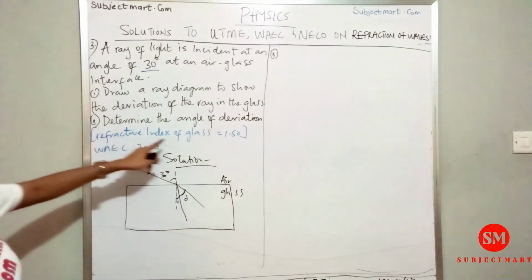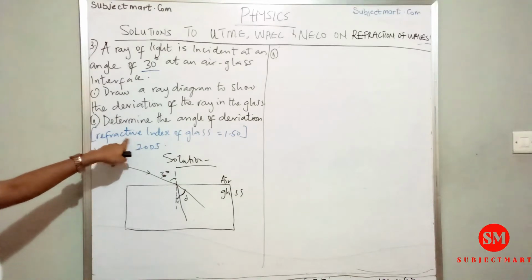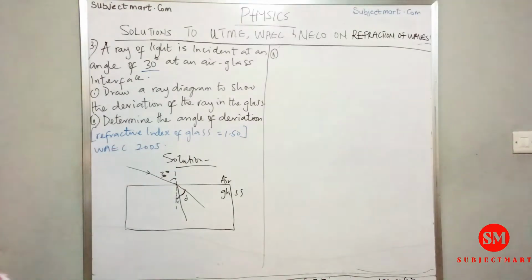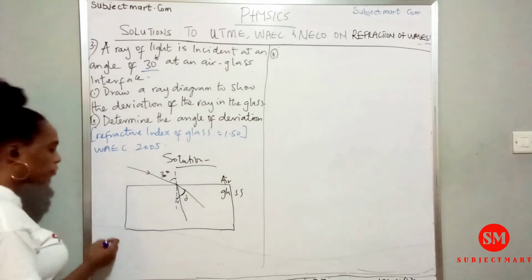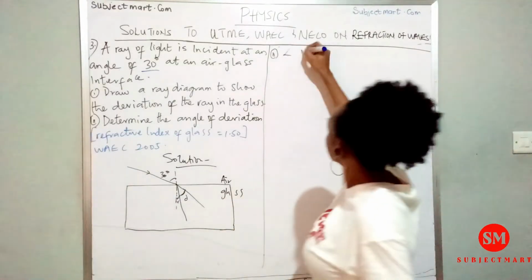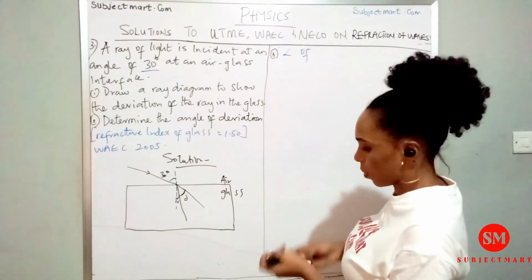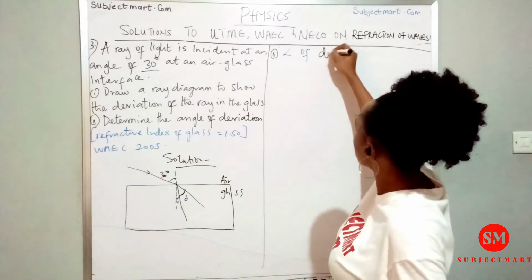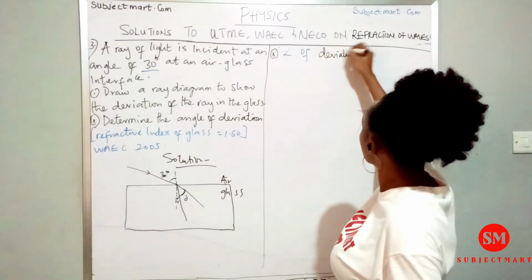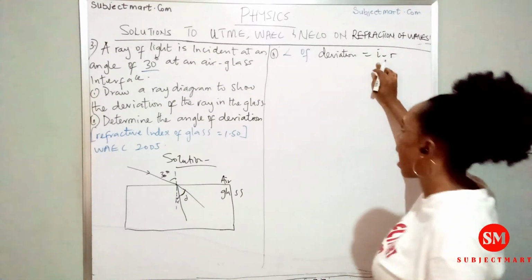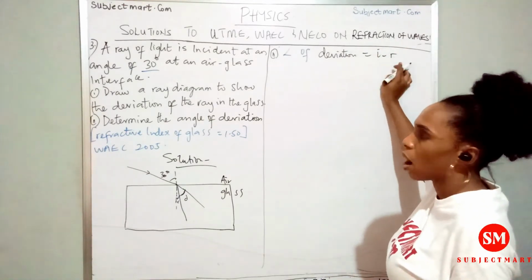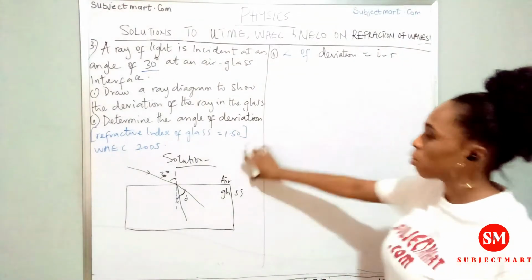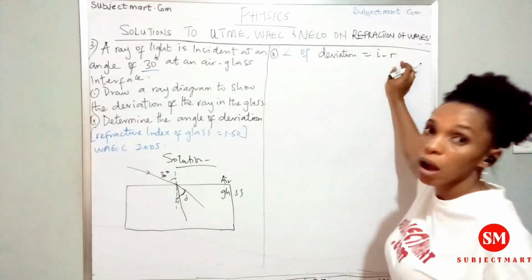So the second question says determine the angle of deviation if the refractive index is this. You recall, angle of deviation is equal to i minus r, angle of incidence minus r. From this question, we have our incidence, but we don't have r.